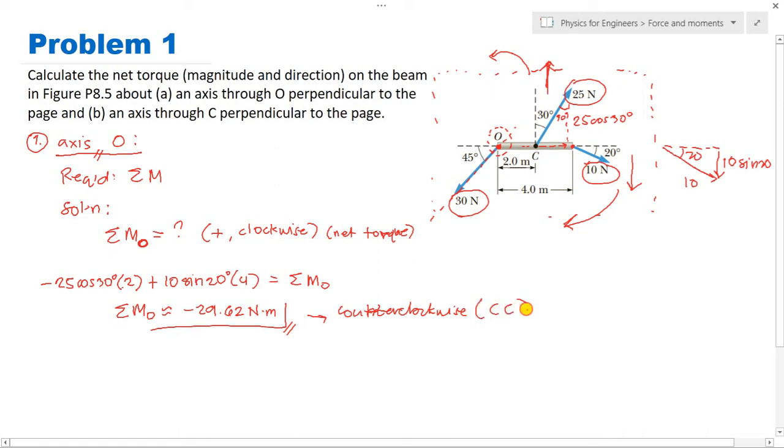So we rewrite the answer as approximately 29.62 newton meters, counterclockwise.